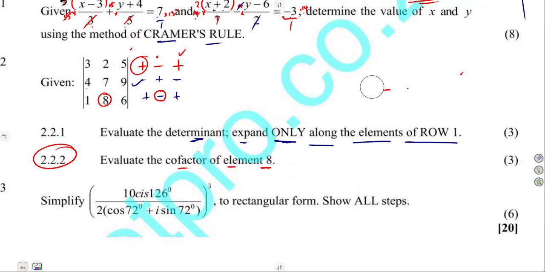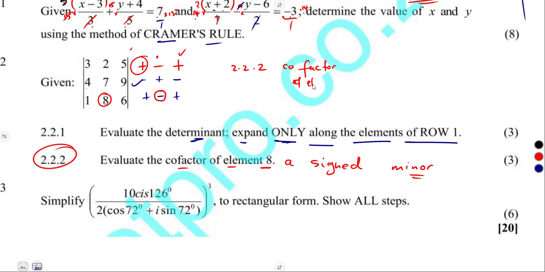Remember, a cofactor is what? Assigned minor. So you consider the sign of what you are given. So the cofactor of element 8 is going to be the sign first, where element 8 corresponds to a negative.